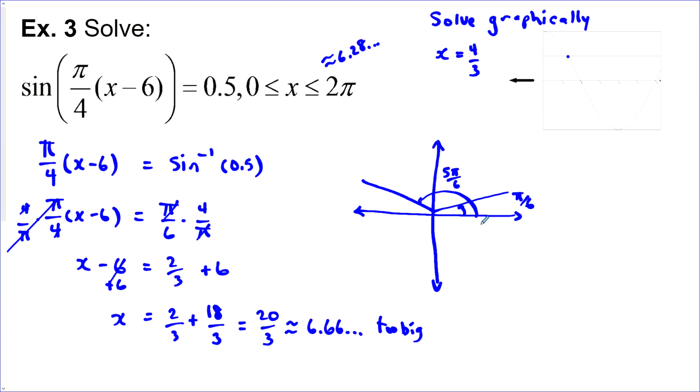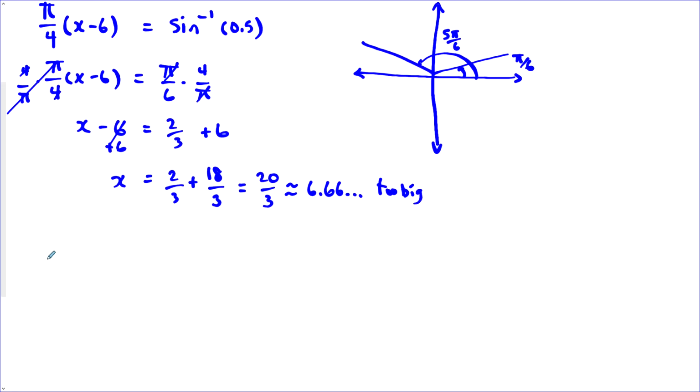Now let's try the other angle here, 5 pi over 6. Same left side here, except the right side, instead of pi over 6, I'm going to solve it for 5 pi over 6. Do the same algebra.